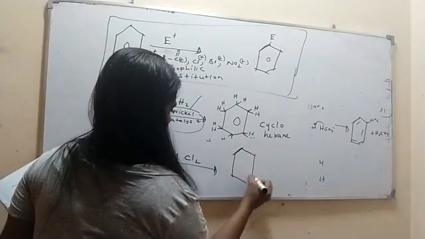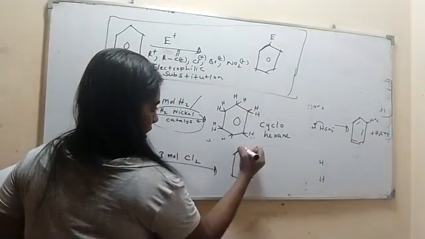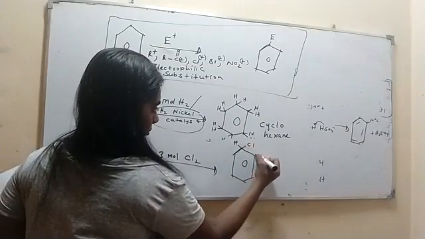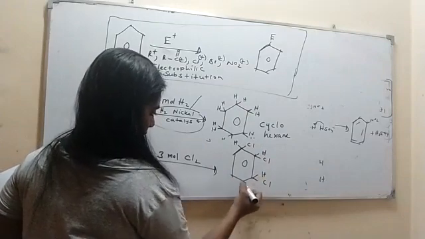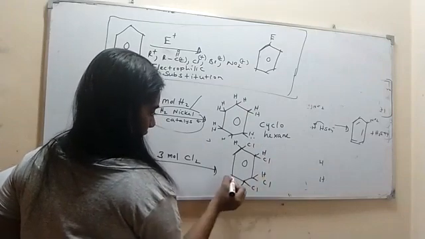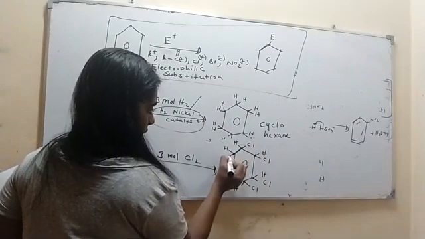If I put 3 moles of chlorine, here 2 hydrogens I showed, here 1 hydrogen, chlorine. So this is the product we will get. Hydrogen here, chlorine here. This hydrogen is already there; that only I am showing. No new hydrogen. I hope you can understand now.